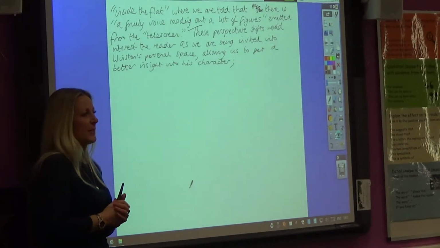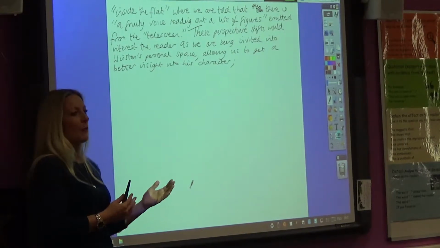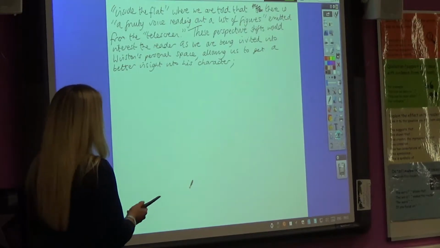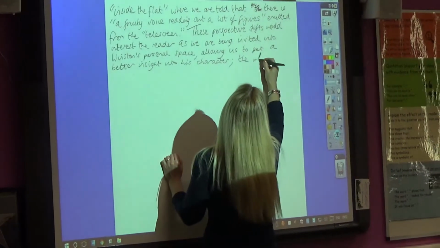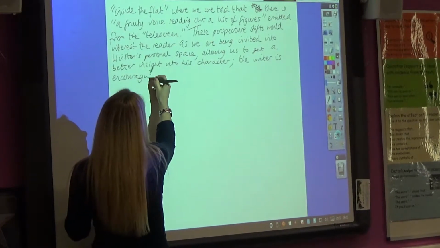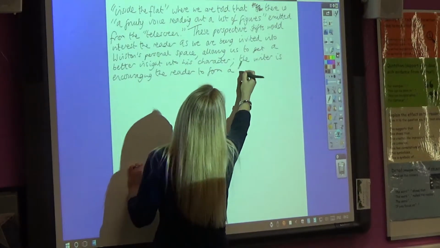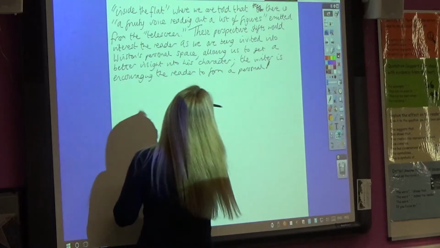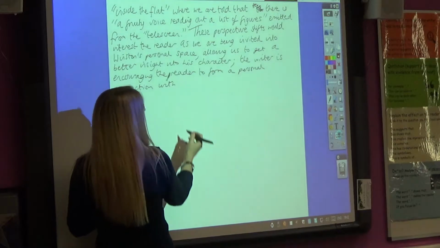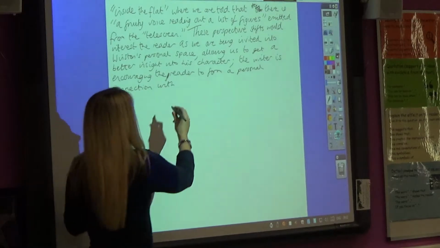I've probably just suggested it. People that you go into the houses of, you normally have what type of relationship with them? Oh, what? A close relationship, good. So the writer is encouraging the reader to form a personal connection with Winston. Or what was that word again for the main character in the novel? The protagonist, yeah, good.